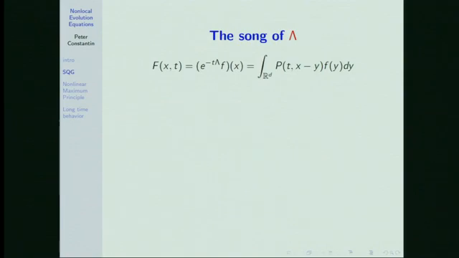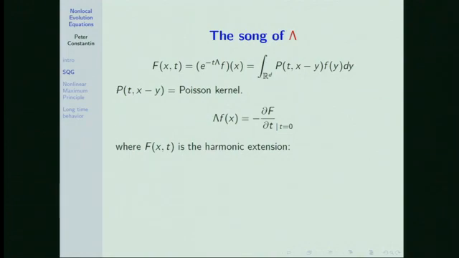So a little bit about lambda, because maybe for some people at first it looks like they don't know about this lambda, but in reality they do. Because if you exponentiate lambda, you get convolution with the Poisson kernel. So lambda of f is the derivative of this f, the exponentiation, with respect to this artificial variable I introduced here, t, that's positive.